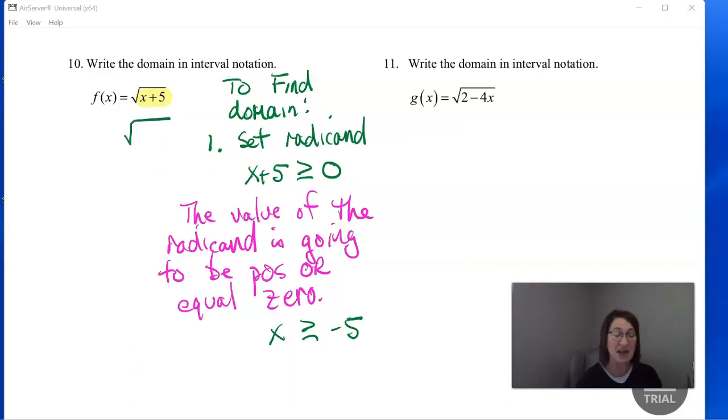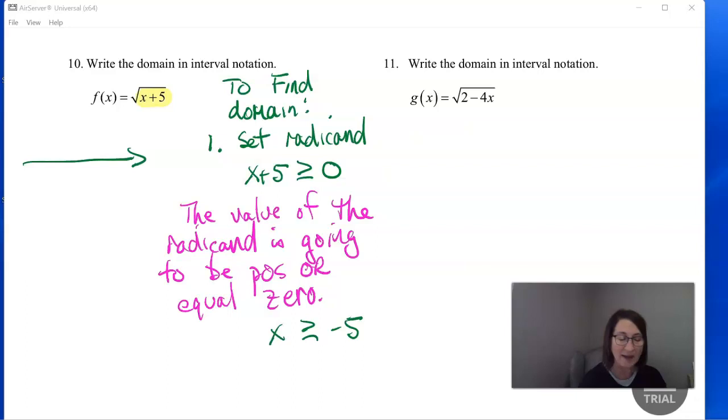So how about a negative 10? Negative 10 is smaller than negative 5, and that's going to give me a negative underneath my radical sign. And that's not allowed. That's excluded. It can't be part of my domain. And so that is why anything that is smaller than negative 5 doesn't work for the domain.